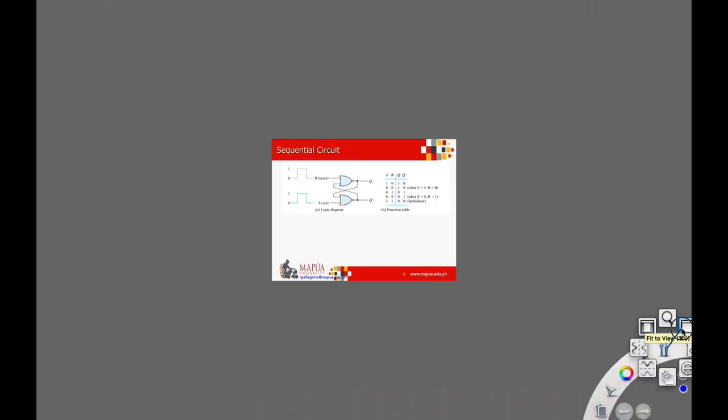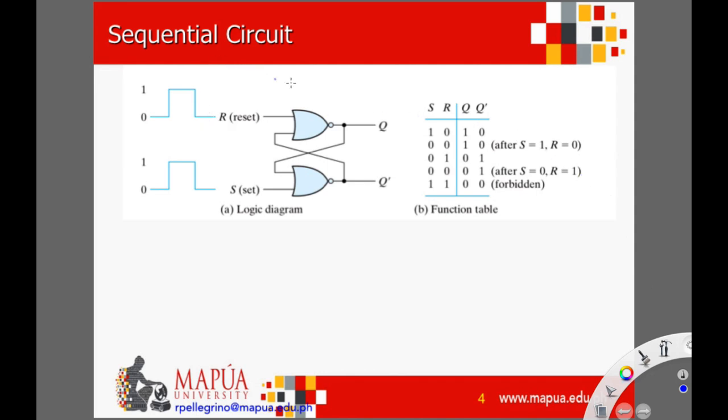So, the first example of a sequential circuit, or first implementation, is the SR latch. In the SR latch, it can be constructed using NOR, and of course using the NAND implementation.